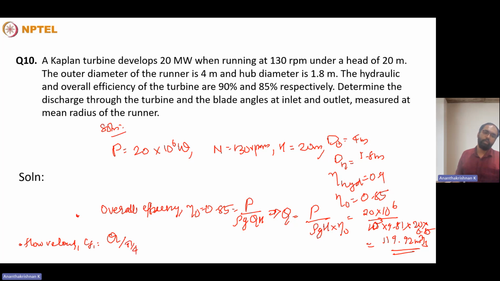So it will be pi by 4 into the outer diameter squared minus the hub diameter squared. So 120 divided by pi by 4 into outer diameter 4 squared minus hub diameter 1.8 squared, and the corresponding flow velocity at the inlet is equal to 11.96 meter per second.